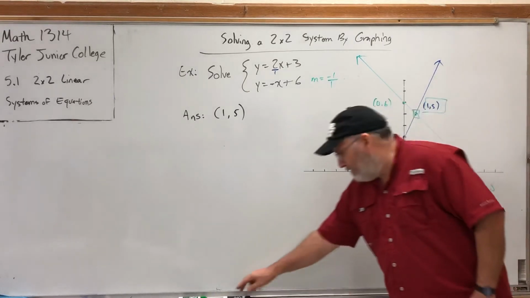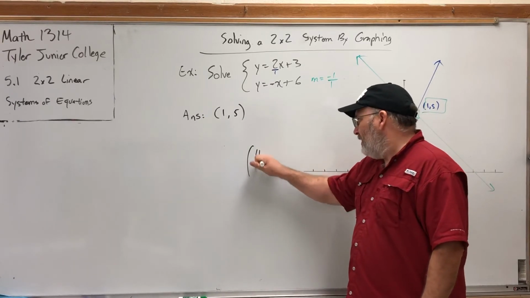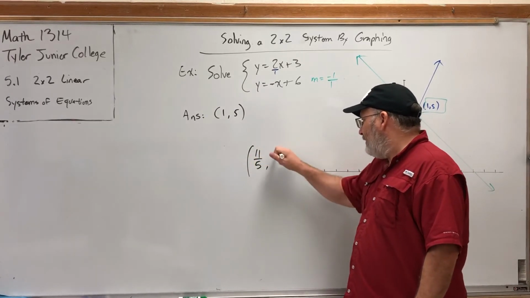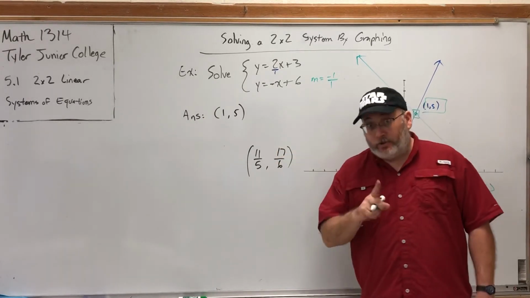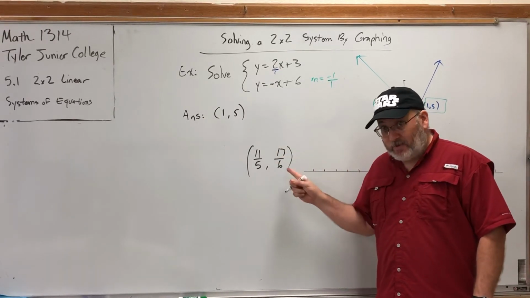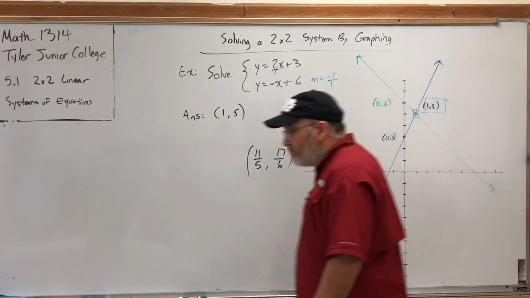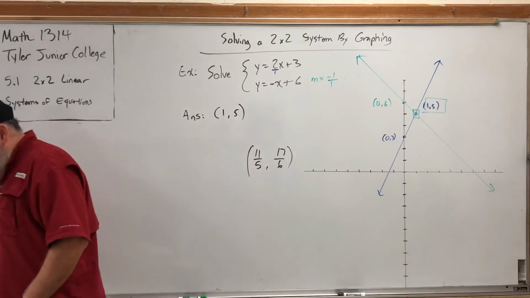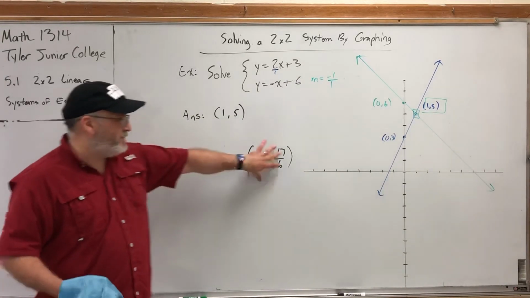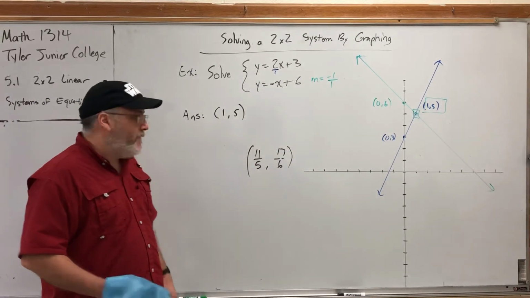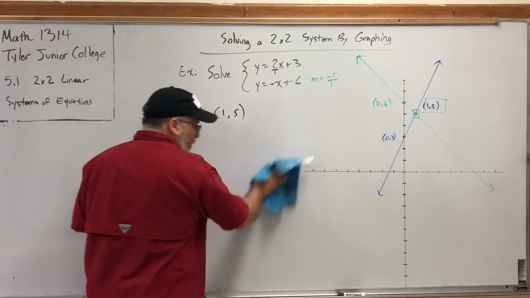For example, if the solution had been something like, I don't know, 11 fifths and 17 sixths, good luck identifying this ordered pair where 2 lines intersect. It is possible that the solution to a 2x2 linear system of equations could contain decimals or fractions, and therefore be difficult, if not impossible, to identify just by inspection.